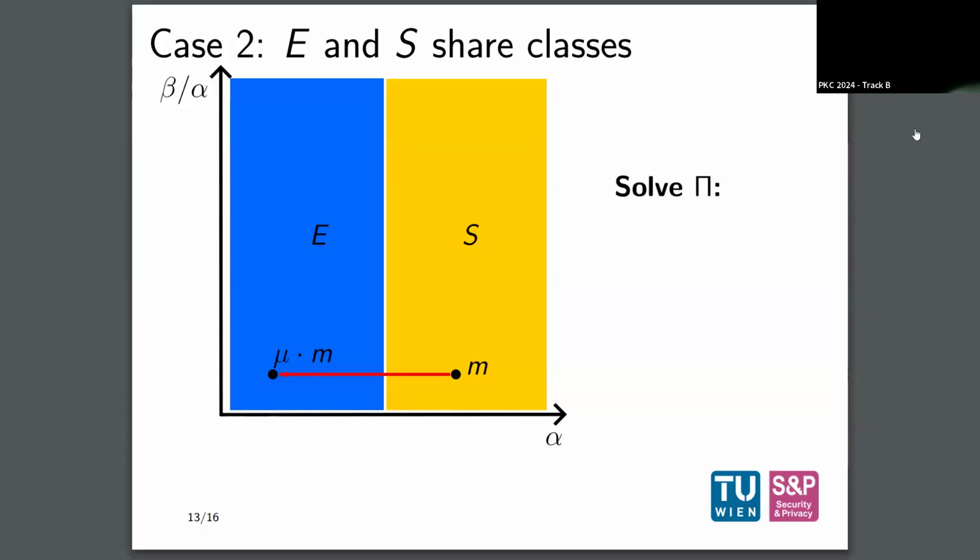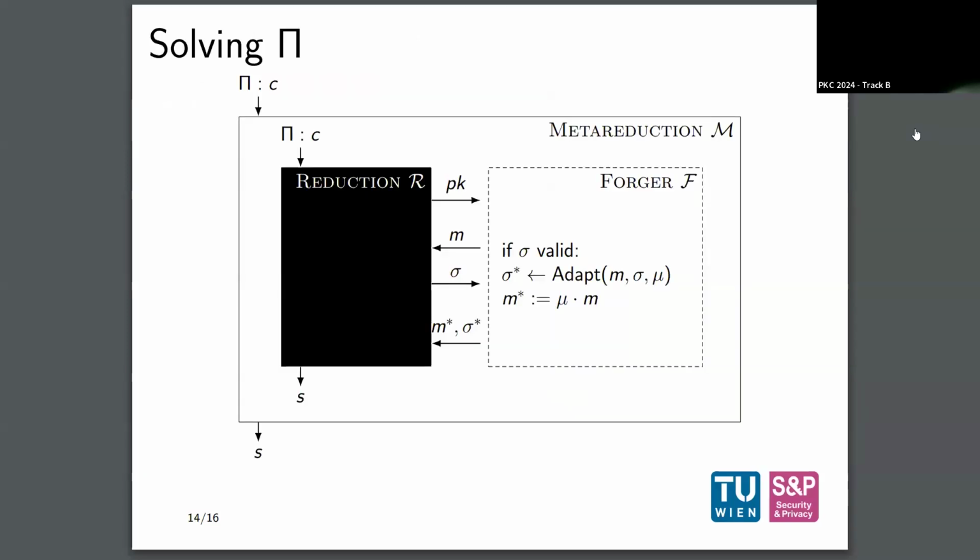With good probability, in that case 1/2, we get a message that's in the set E, and that means that R can solve the problem. Again, we can construct the meta reduction with that, but I won't go into details here.